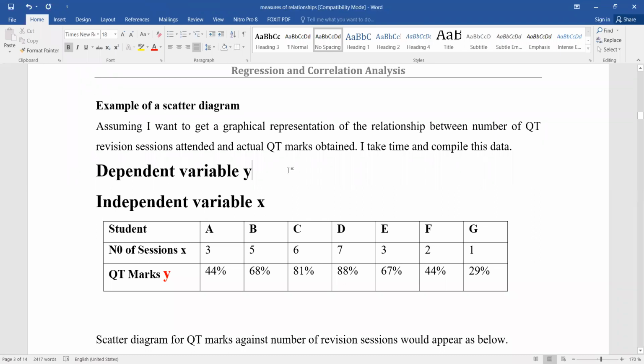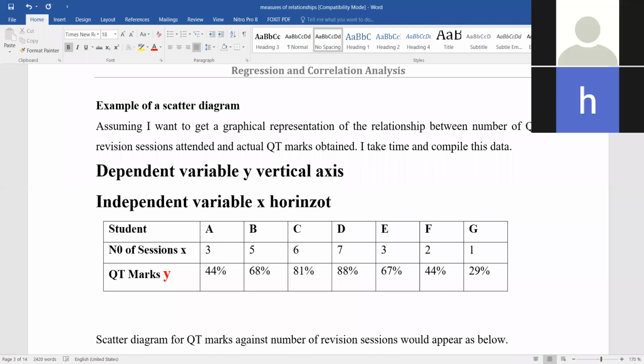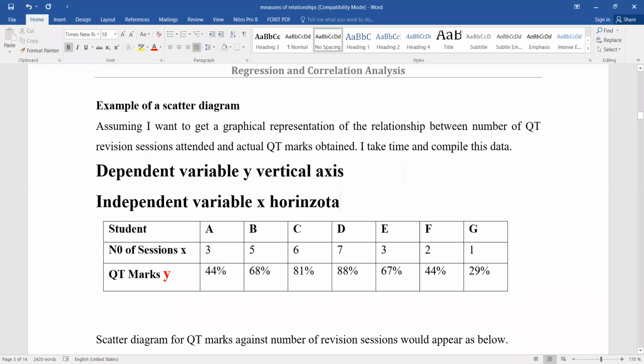So again, the dependent variable is normally on the vertical axis. That is where we have the dependent variable, the vertical axis. Whereas the independent variable is normally on the horizontal axis.